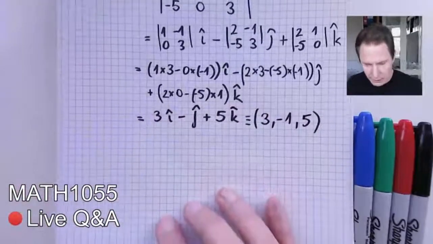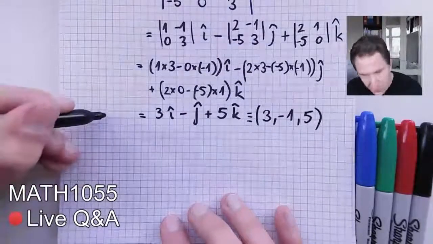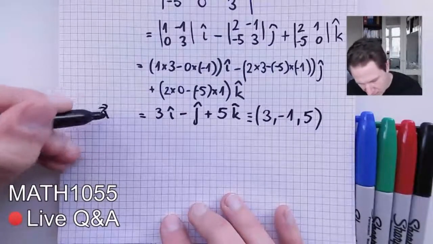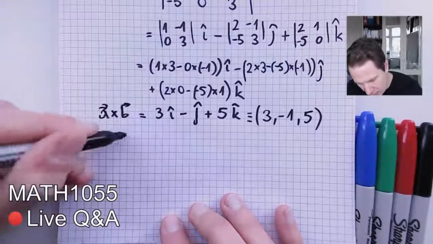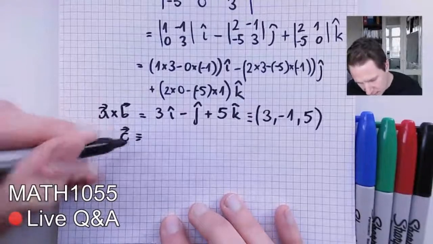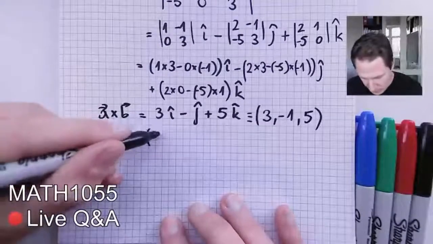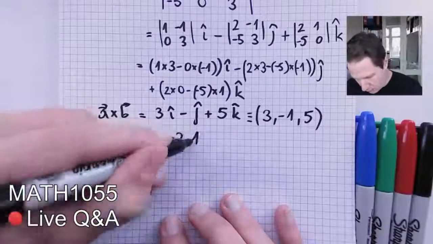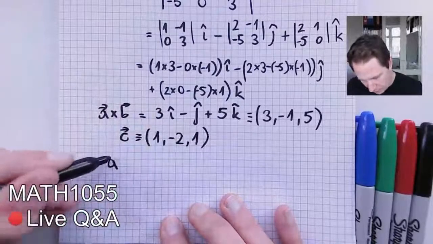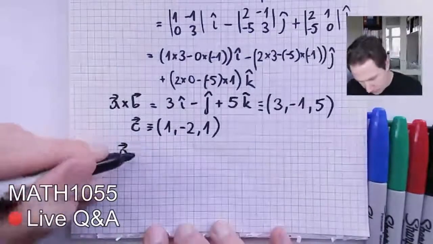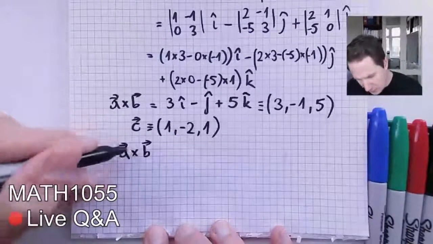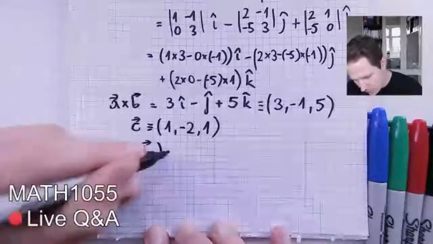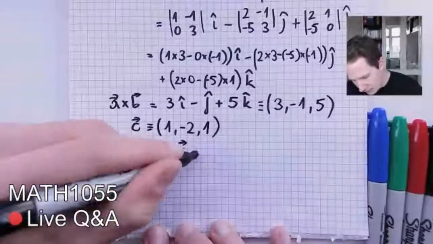Now remember, this was A cross B, and we had the vector C given by its coordinates as 1, -2, and 1.